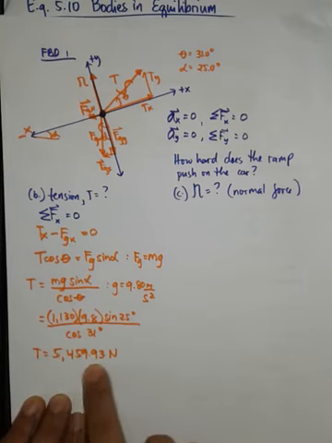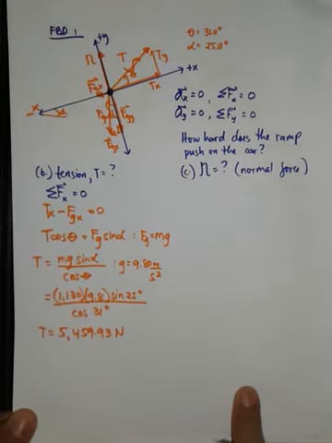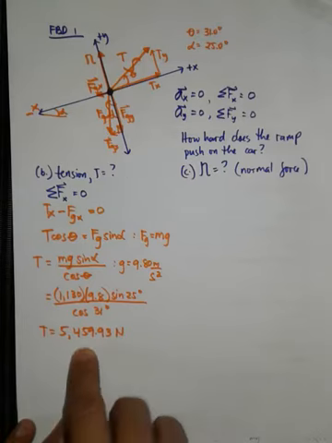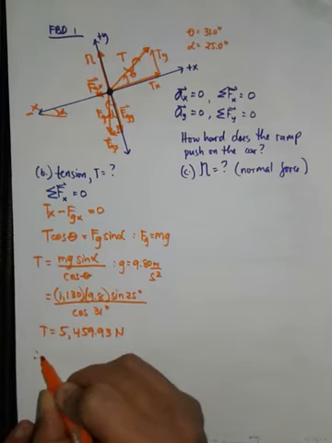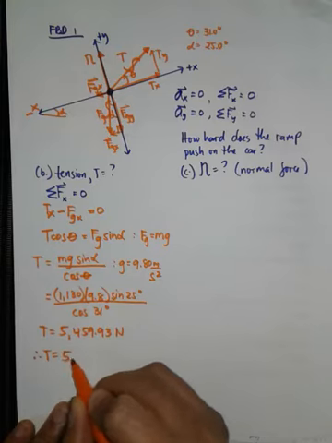So, how do you round this off to 3 significant figures? Diba? Yun yung assignment 1 ninyo. Yung rounding off with specific significant figures. So, this will become, correct, as if I can hear you, this will be 5,460.